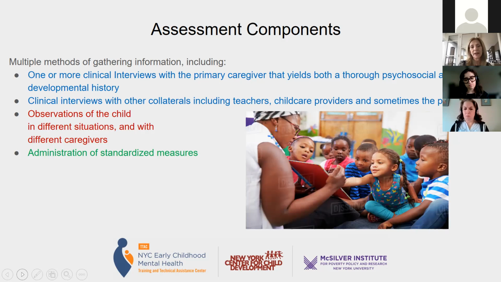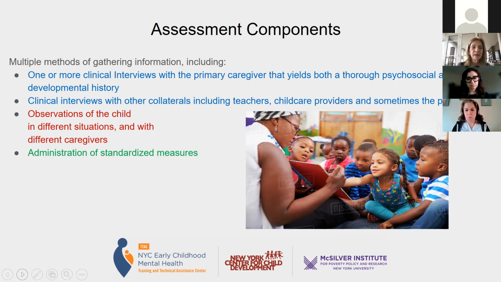Okay. So to really have a complete assessment, there are often many different components that contribute. We like during an evaluation or an assessment to gather information from multiple different sources or types of information. So including and often starting with one or more clinical interviews with the child's primary caregiver so that we can get both a thorough psychosocial assessment of the family's current context and also very specifically the child's developmental history.